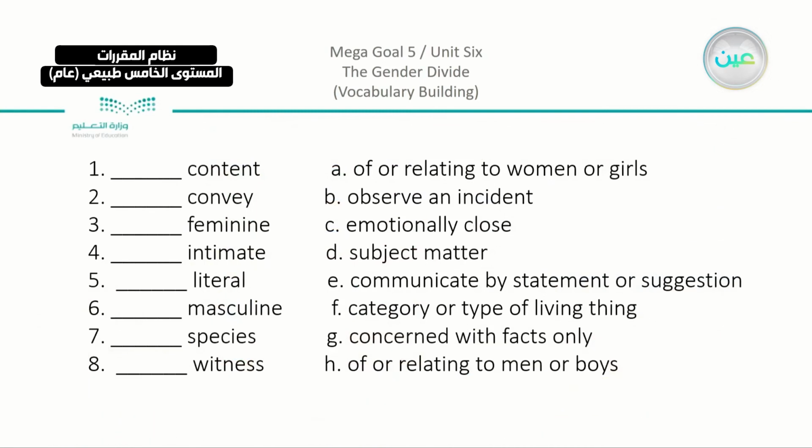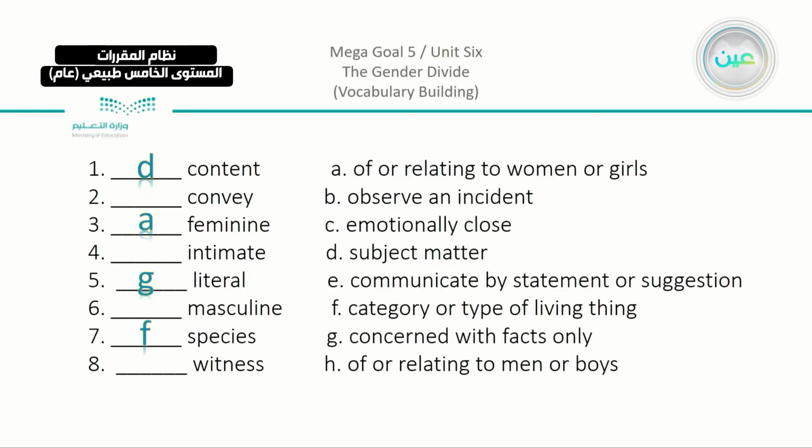Going back to our exercise, just to make sure that we are okay with all the answers, we have A is feminine, relating to women or girls. D, content, which is the subject matter. G, literal, which is concerned with facts only.